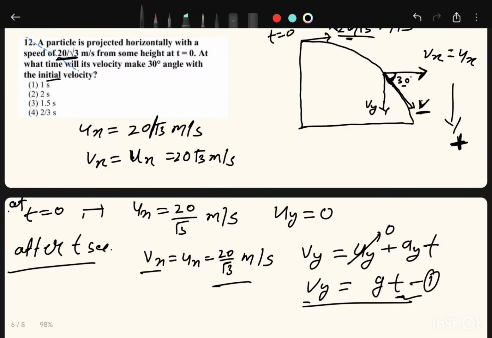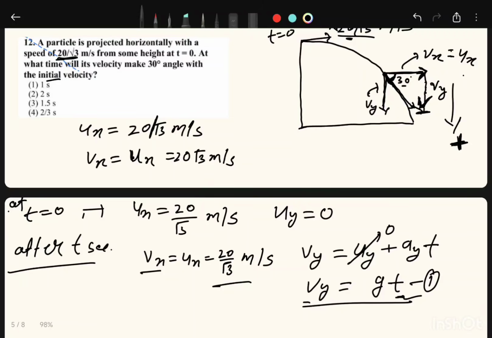So you see, your velocity after t time is making some angle, 30 degrees, with your initial velocity, right? So if this is your vx, this length will be equal to vx, and this length is equal to vy, right? If I draw a perpendicular here, this will also be equal to vy. I hope you can assume it.